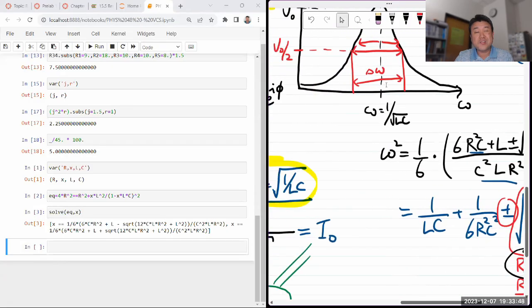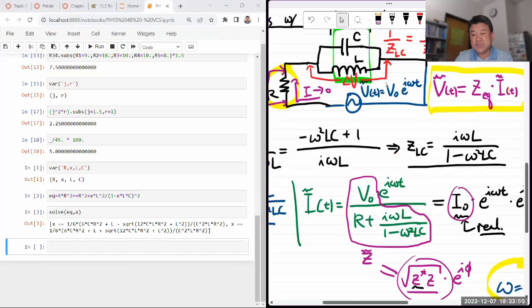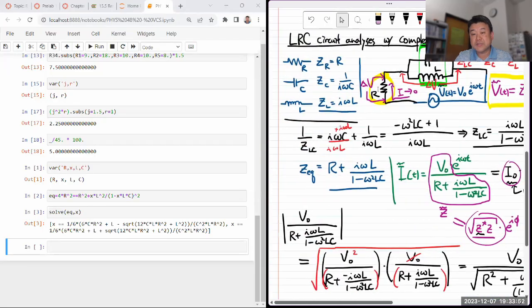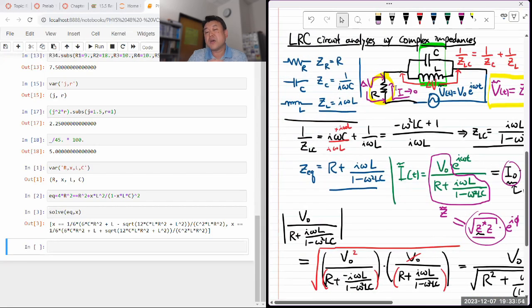And in a circuit, it's always easier to add more resistance. So if you can achieve a higher Q factor, a sharper resonance, by having a larger resistor, that's in practical terms an easier circuit to build and analyze.